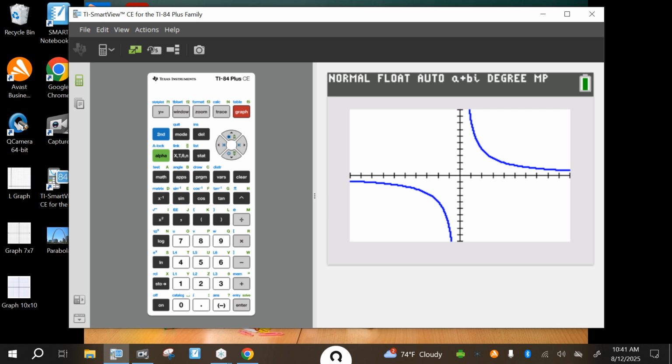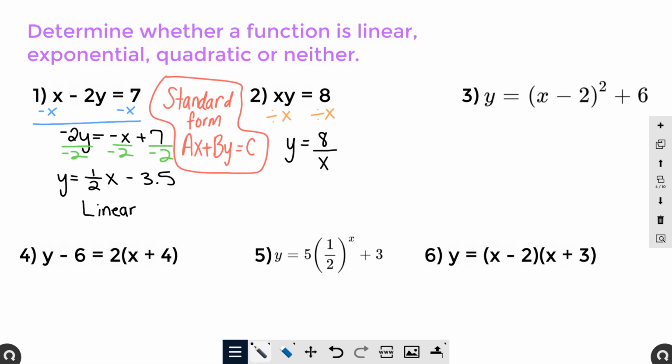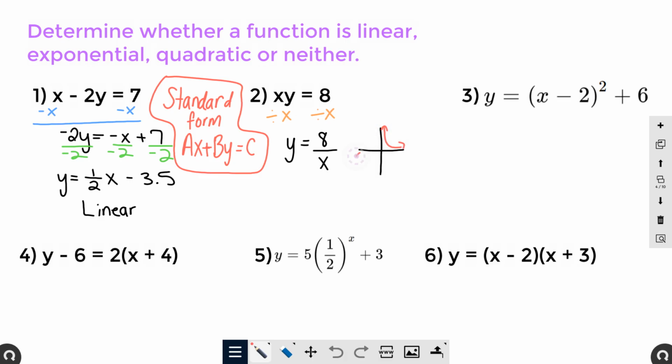Does that look like anything we've graphed before? Nope. Math 2, this is a unit that we didn't get to because all of them snow days. It's actually called an inverse function. Or when we do it later on in Unit 9, it's going to be a rational function. But it's graphed like this.